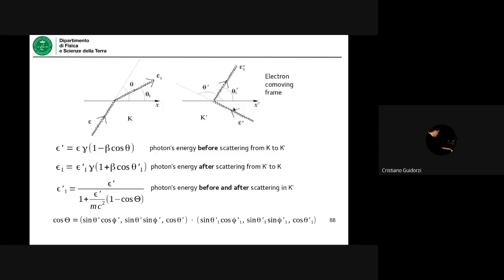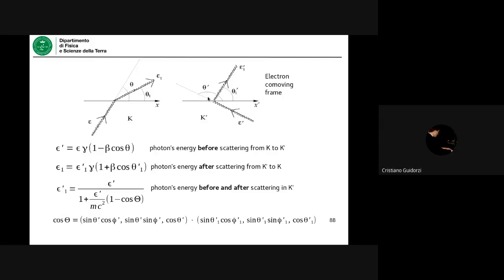So let's have a look at the unity vector corresponding to this direction. The angle formed with the polar axis is just theta prime, so cos theta prime. And in this case here, it is theta 1 prime. So the third component, the polar component, is just cos theta prime.